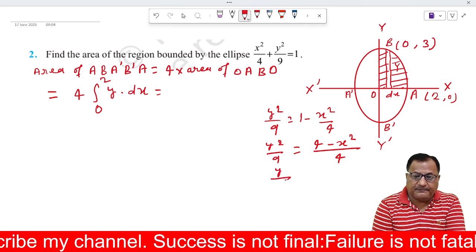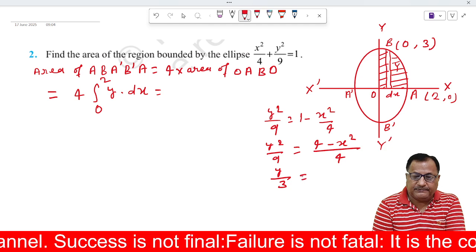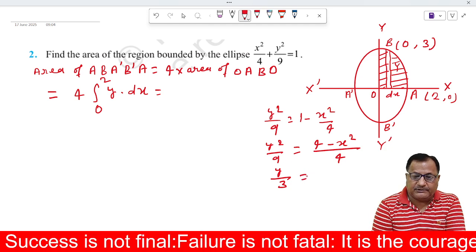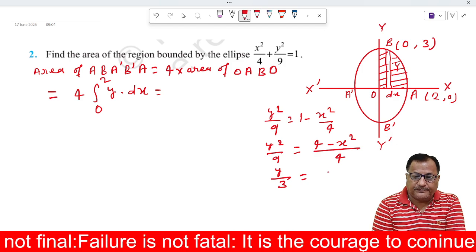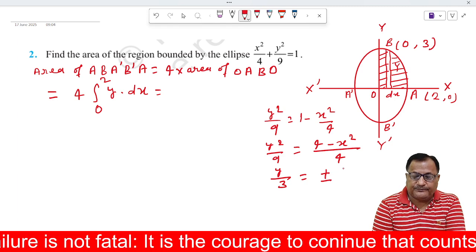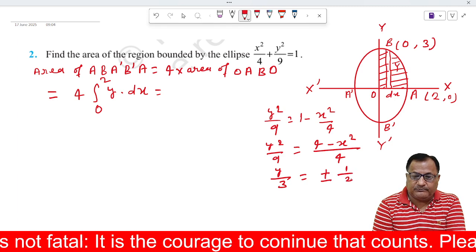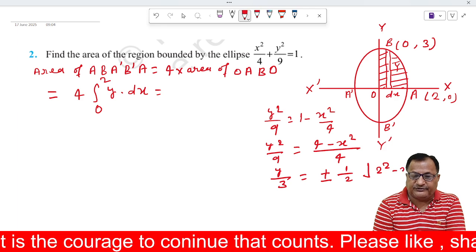Y by 3, if we take out the root, will be plus minus 1 by 2 root of 2 square minus x square.